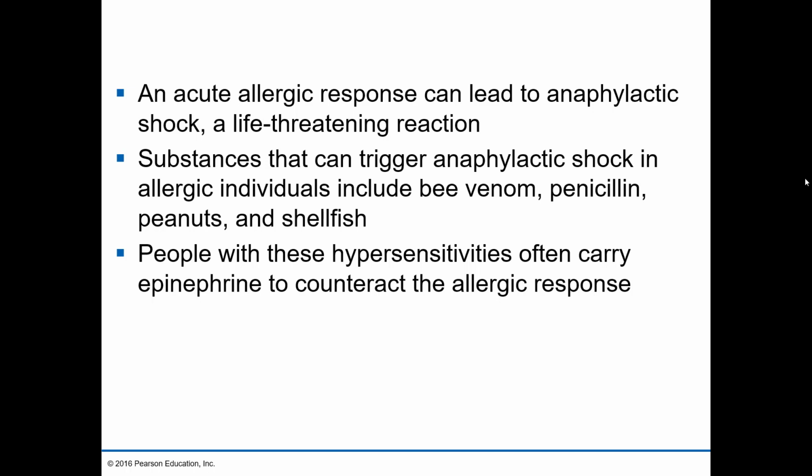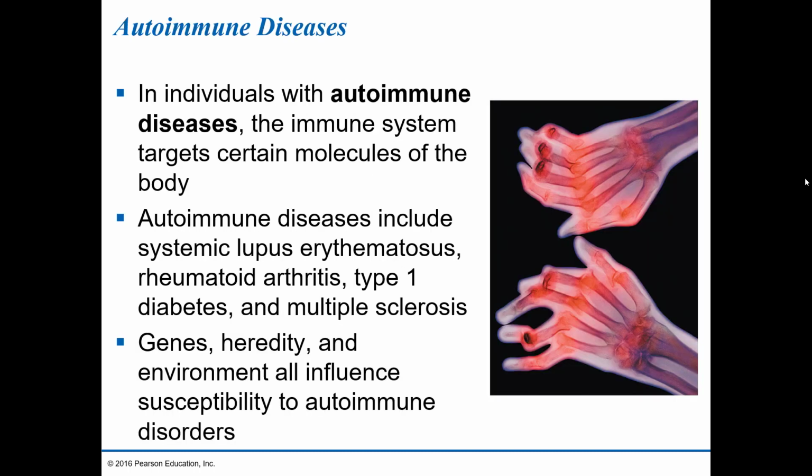The lungs kind of shut down. The heart goes way too fast or way too slow. A lot of these things would be different types of venom, not just bee venom, but wasps and fire ants here, especially in Texas, penicillin, peanut, shellfish. So people with these hypersensitivities often have an epinephrine pen, the EpiPen, which will counteract the allergic response, open things up, and allow the heart to beat properly.